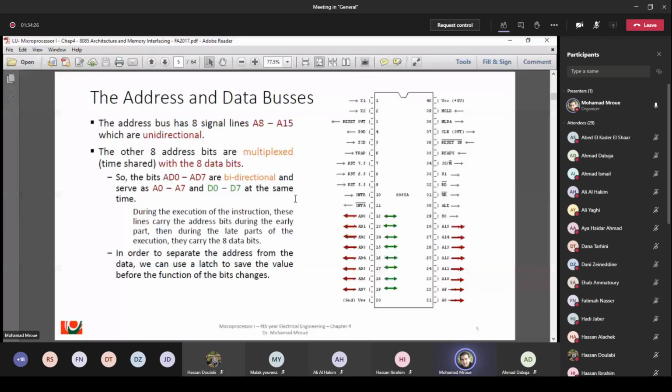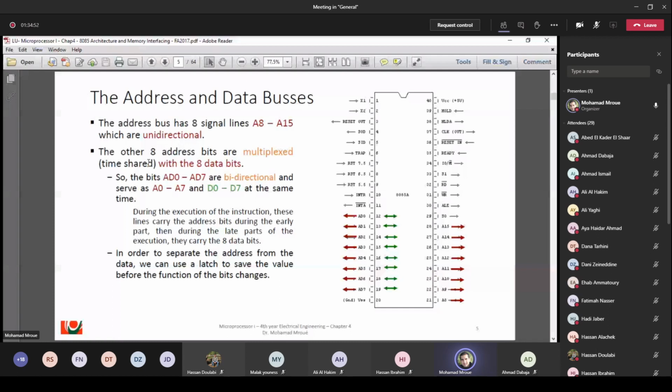Now, the address bus has 8 signal lines, A8 to A15, and they are unidirectional, as you see here. The other 8 address bits are multiplexed with the 8 data bits, and they are time shared. That means AD0 to AD7 are used as address and as data.